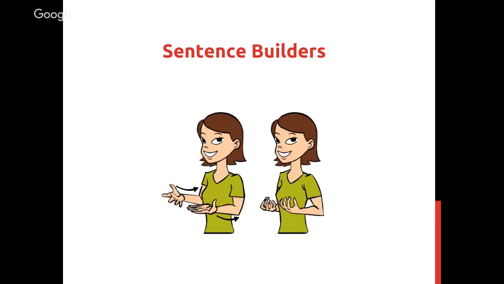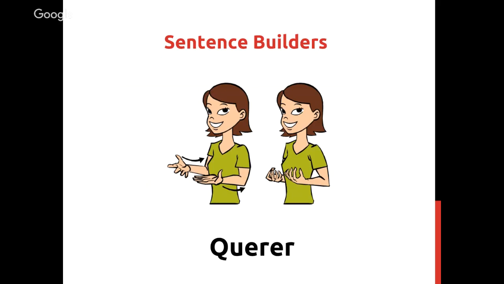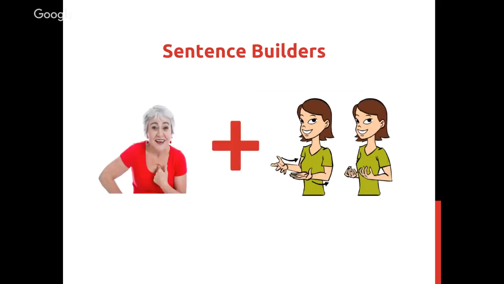What about this verb? The verb that we are going to learn here, the first verb is querer, and it means to want. Okay, so to want in Spanish is querer. Now, how do you say I want? You remember how to say I?